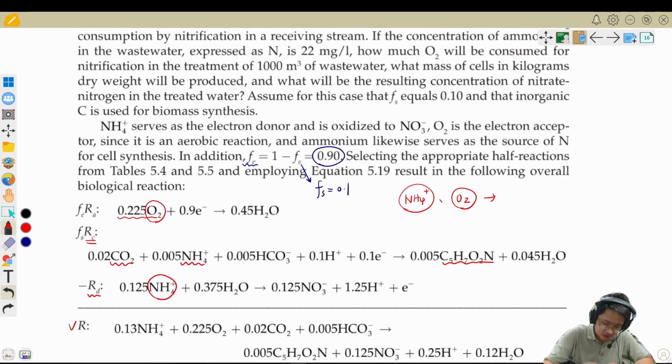Okay, so you can try balancing the overall chemical reaction here. Just try by yourself at home. Here our Fe will be 0.9, our Fs will be 0.1, so you can put those chemical reactions together.